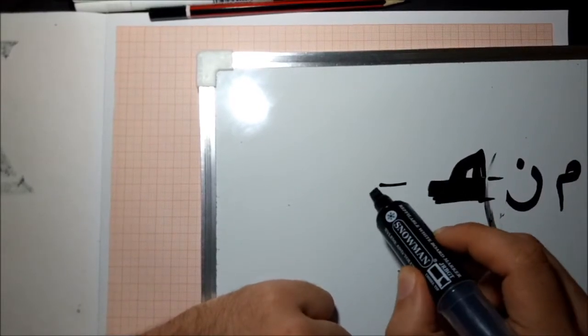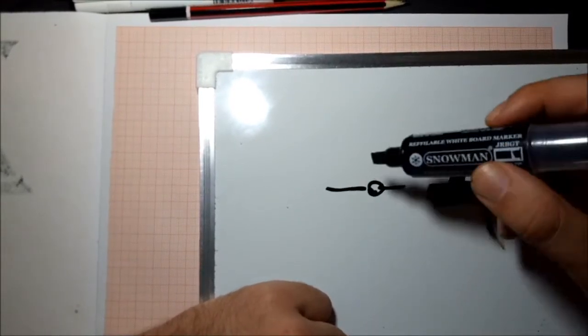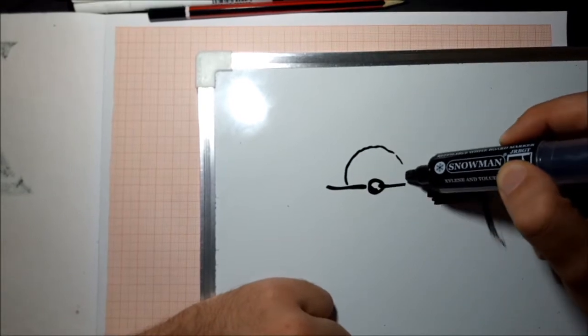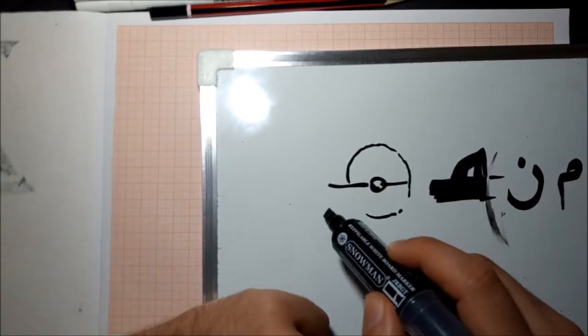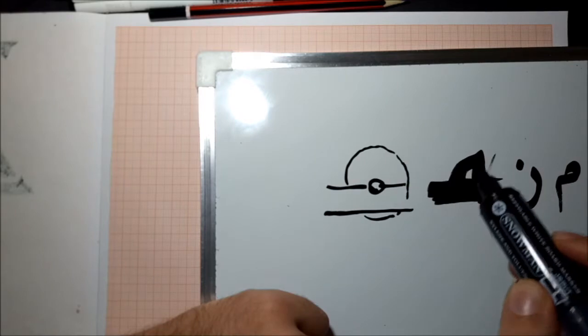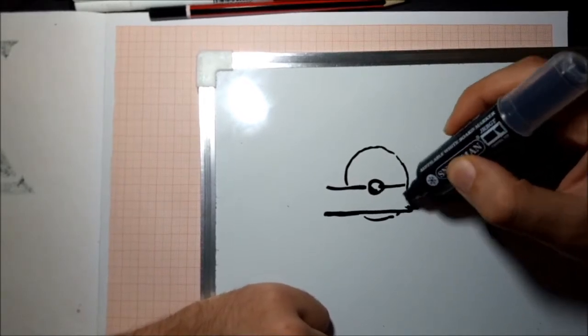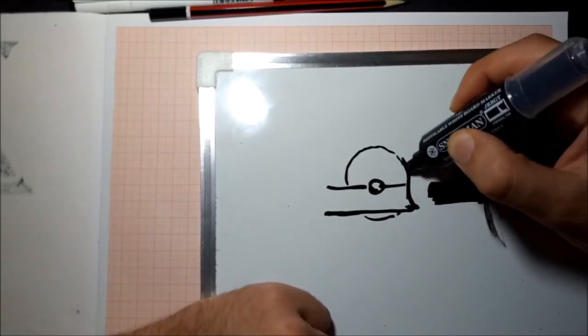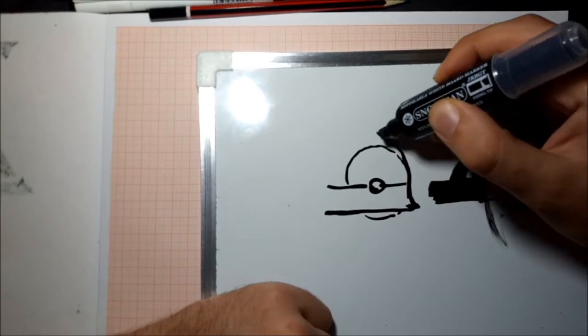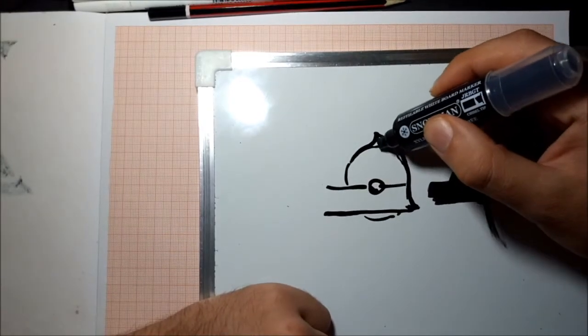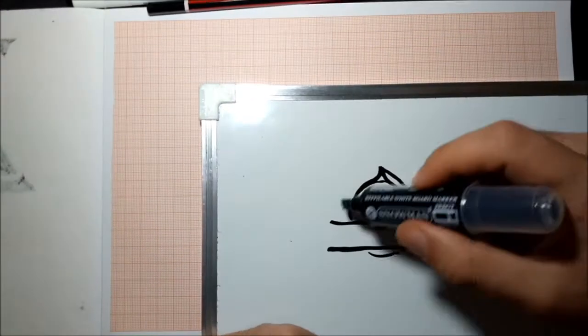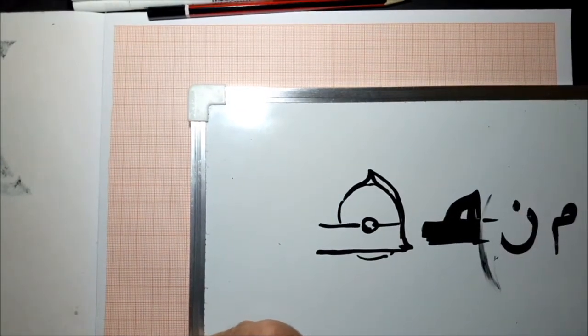So you will leave the full thickness, add a circle, add the full thickness, add a circle all around it, just like that. And after that we are going to work around these shapes to have it either look like this or look like this. You see it's rounded instead of straight lines.